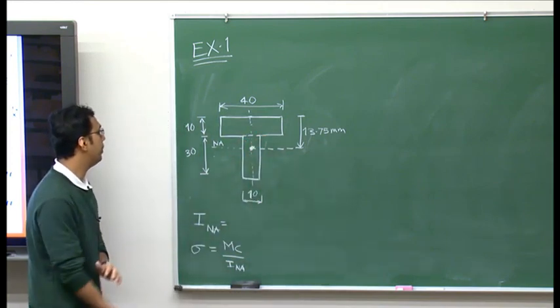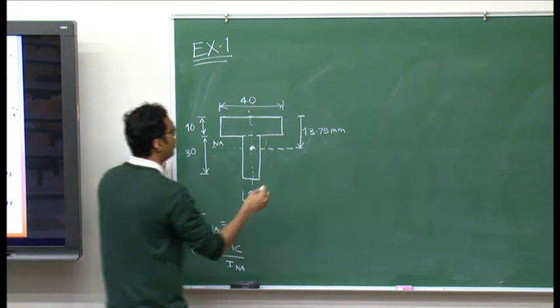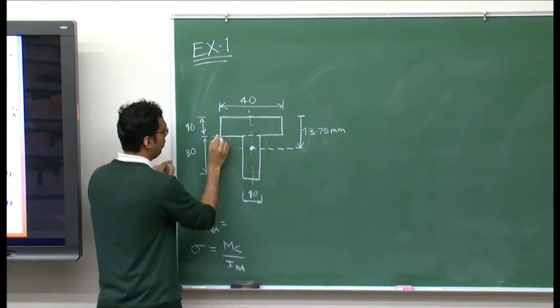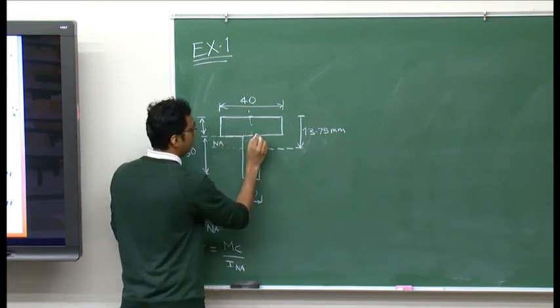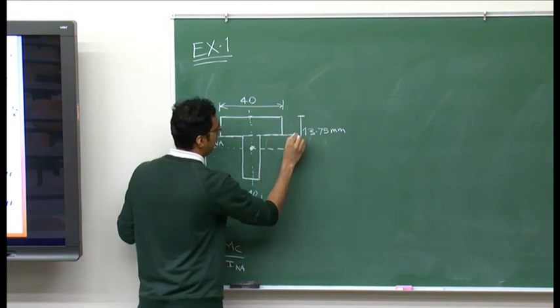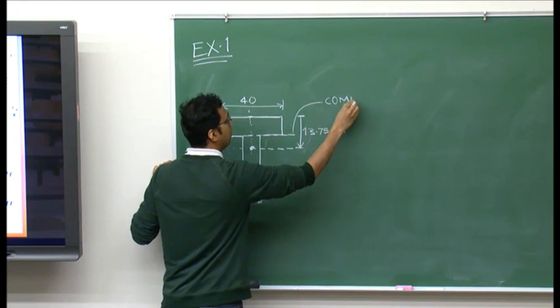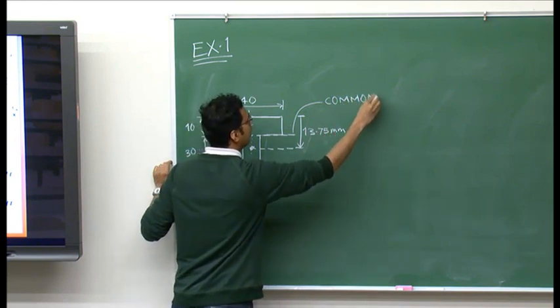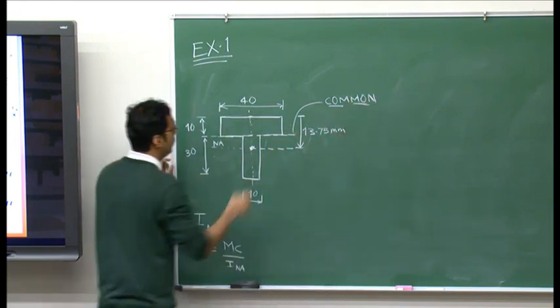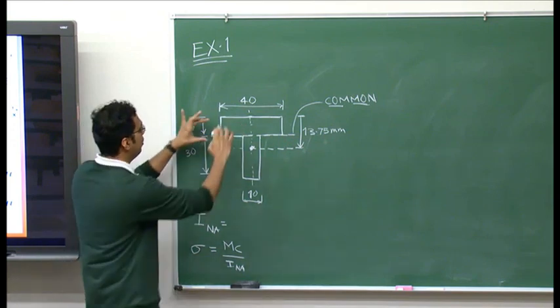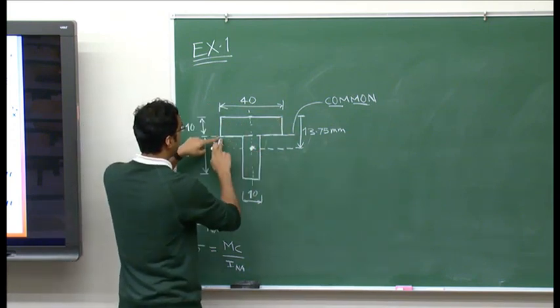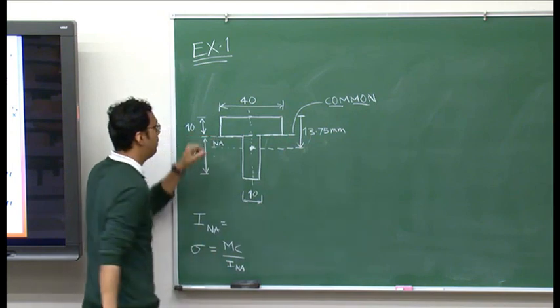So in order to use the alternative method, we identify an edge or an axis which is common to both of the rectangles. This rectangle and this rectangle share this edge here.